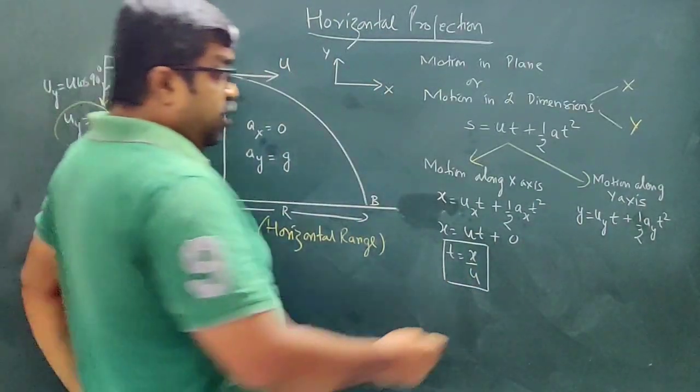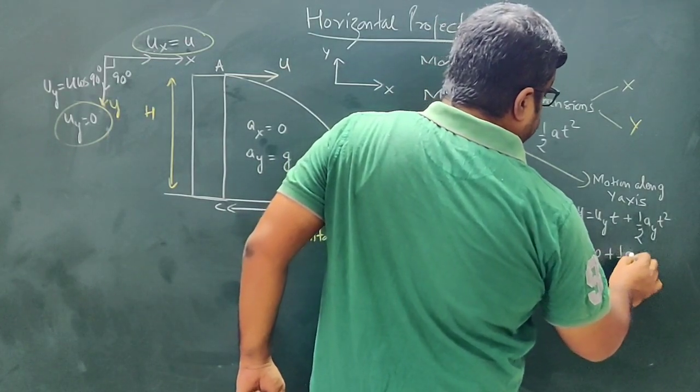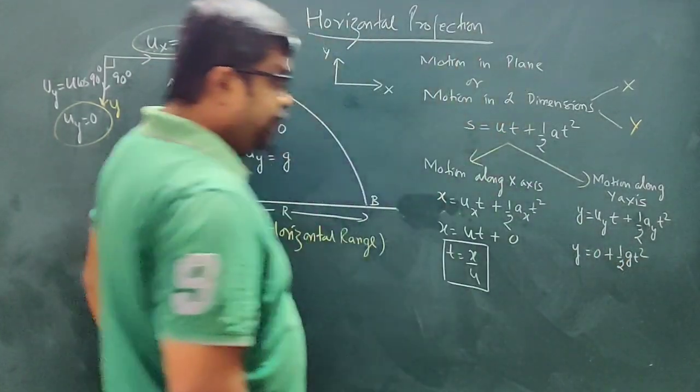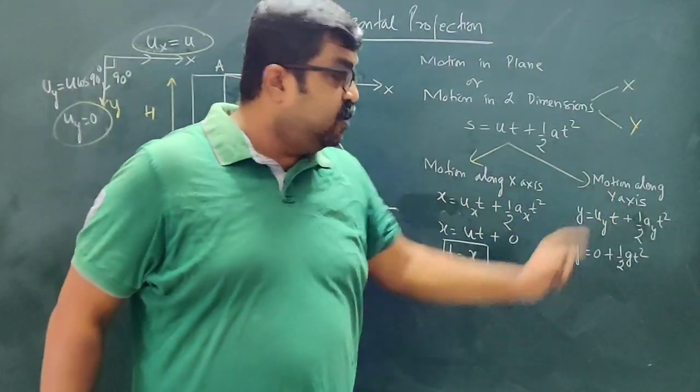How about this? So y is equal to 0 plus half g t square. uy is 0, so this first term becomes 0.